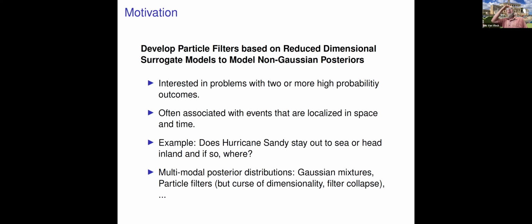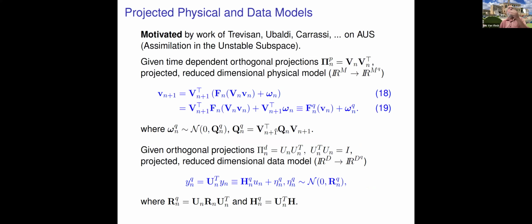So with these multimodal posterior distributions, the main possibilities are some kind of Gaussian mixture model, or try to get something more out of these particle filters. And so basically what we're doing is something similar to a Petrov-Galerkin approximation of our physical model.